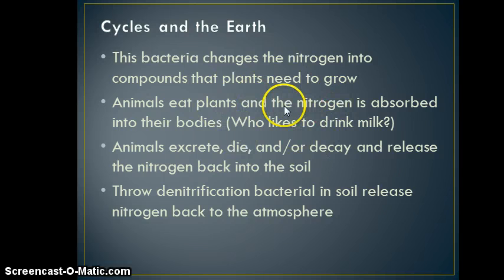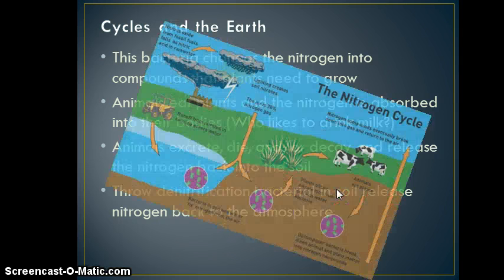Who likes to drink milk? When we talk about cows, and manure, which is necessary for helping plants grow. Through denitrification, bacteria in the soil release the nitrogen back into the atmosphere. So we have the bacteria that can take the nitrogen out of the air and into the soil, and then we have a different type of bacteria that can then take that nitrogen and release it back into the atmosphere.